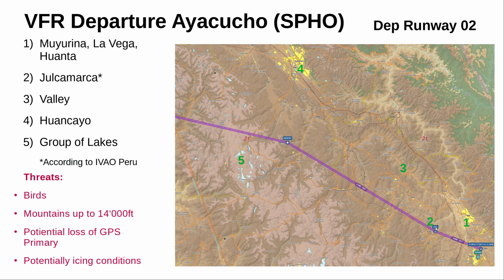It's something that you can see when you look out perpendicular to your flight path, because when you climb in an airliner like the A320, you're climbing out of Ayacucho, you have quite a pitch attitude, and you cannot see what's right in front of you.